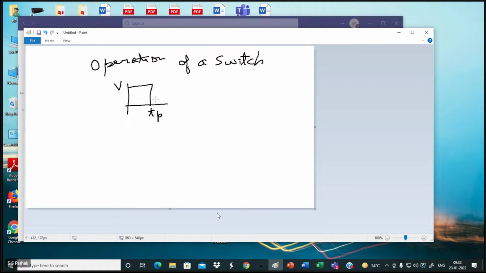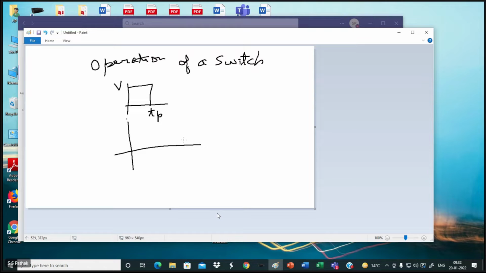When I apply this to a circuit, transit time I have already shown to you in the very first class. I have explained what is the transit time, what is the capacitor charging and discharging, that delay that you have seen.